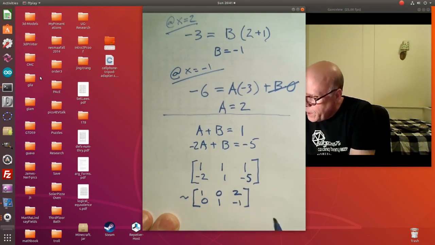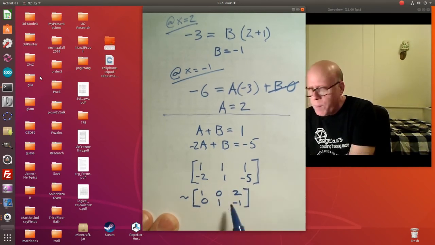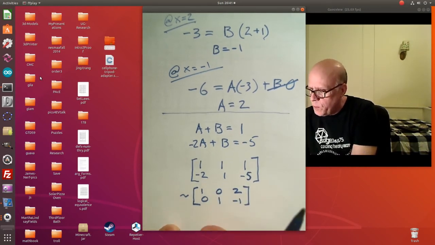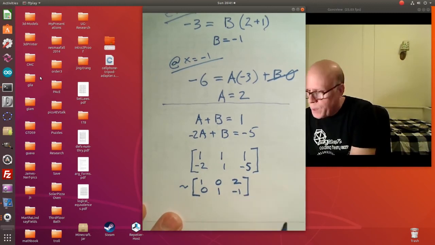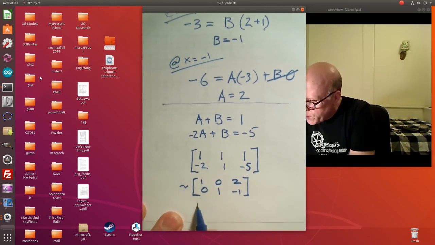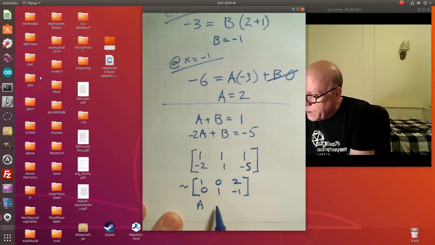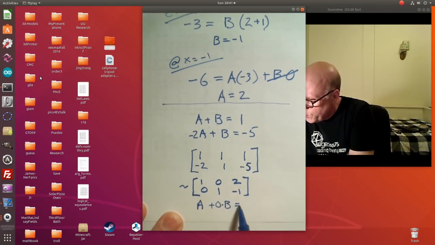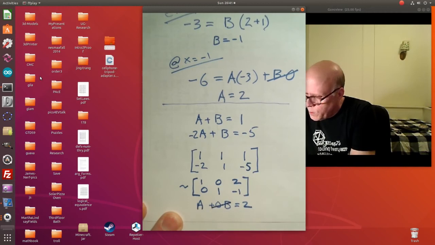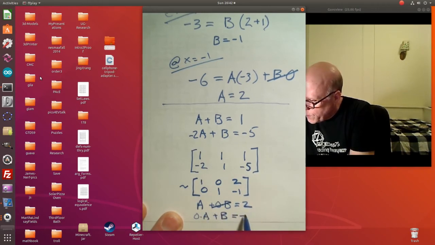Okay? And if you reinterpret what that means as a system of equations in the variables A and B, we have 1 times A, well, it's A, 0 times B equals 2. Again, that's kind of silly. A equals 2. Right? And the second line of that matrix is 0 times A plus B equals minus 1.